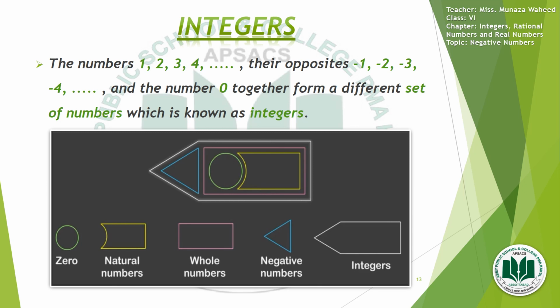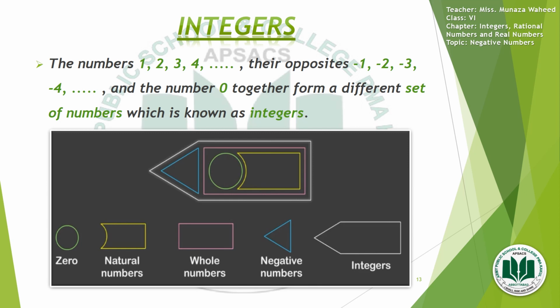In this combination, each shape represents a particular number or set of numbers. As you can see, the circle represents 0. The next shape represents natural numbers. The rectangle represents whole numbers.